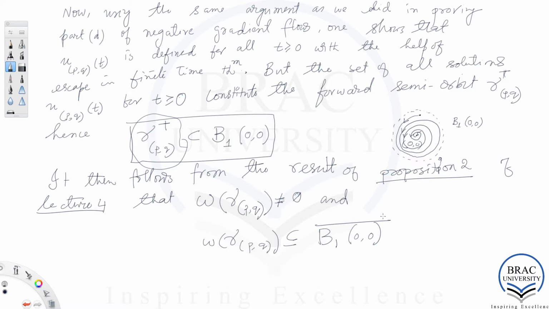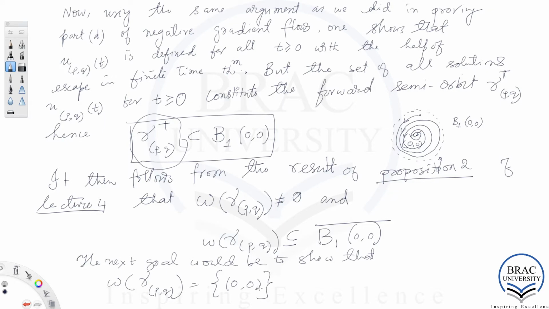Okay, so the next goal would be to show that the omega limit set of the orbit through PQ is the origin, for all PQ in this open ball.